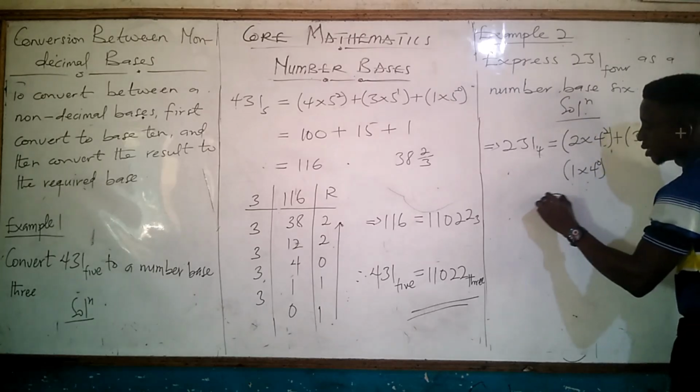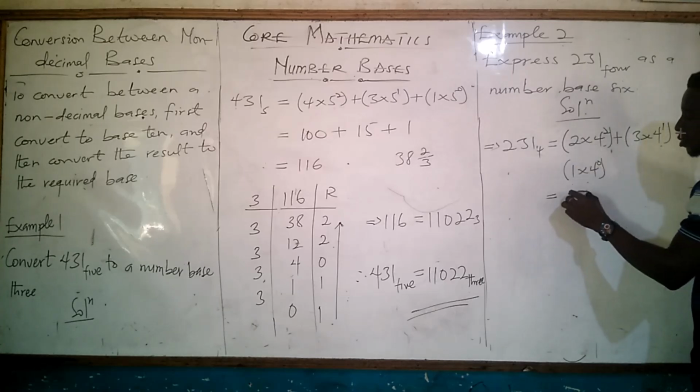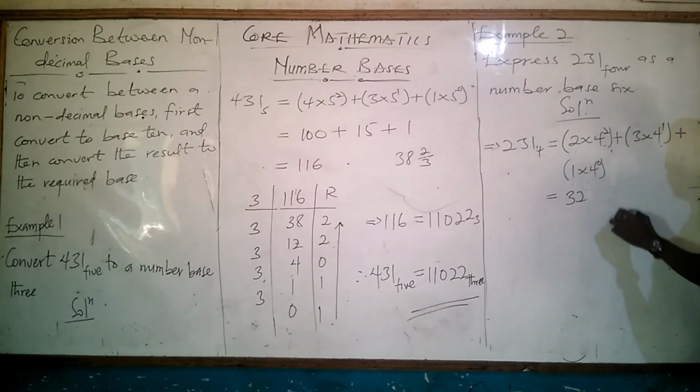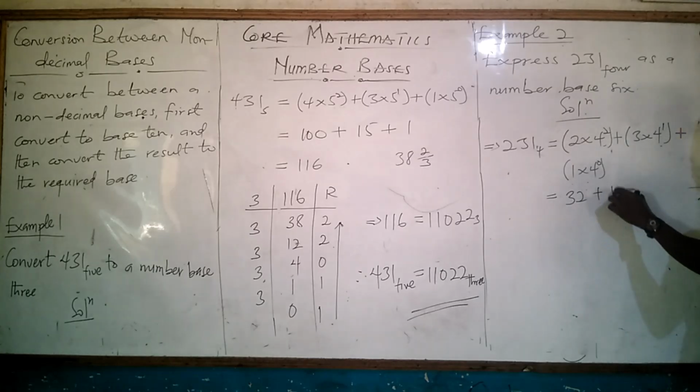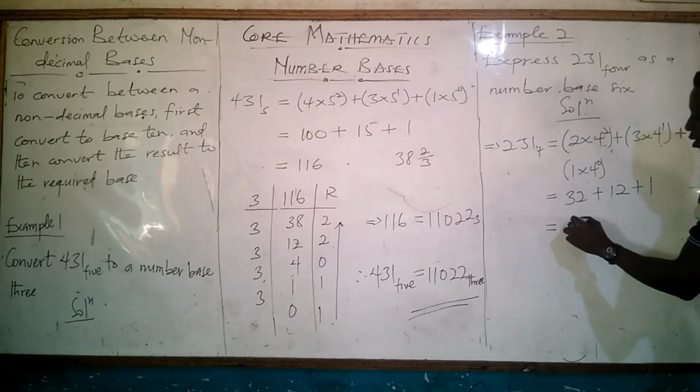Okay, so this one is getting us 16 times 2, 32. Then plus this one, 12, then plus 1. So this one now gets us 44, then 45.